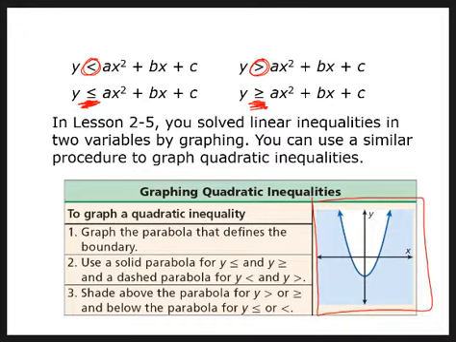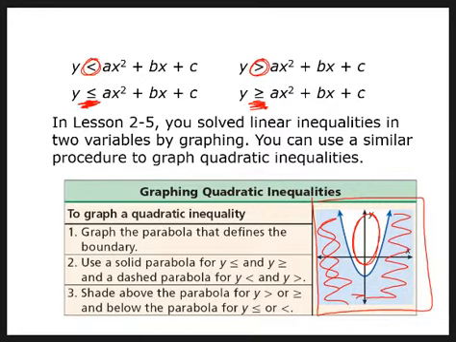At the same time, because it was less than or equal to, we shaded everything outside of the parabola. What that indicates is if we were to pick a point from anywhere in that shaded region and fill it into our original inequality, it would make the inequality true. On the other hand, if we were to take something in this unshaded region and fill it in, it would make the inequality false.